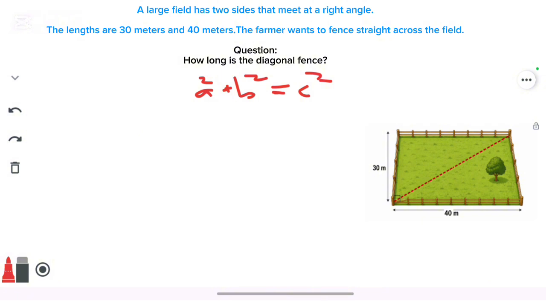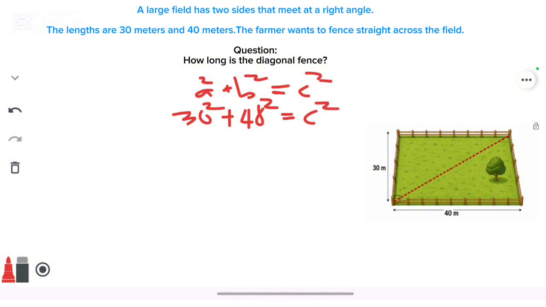So a squared is 30 squared plus b squared is 40 squared, which is equal to c squared.